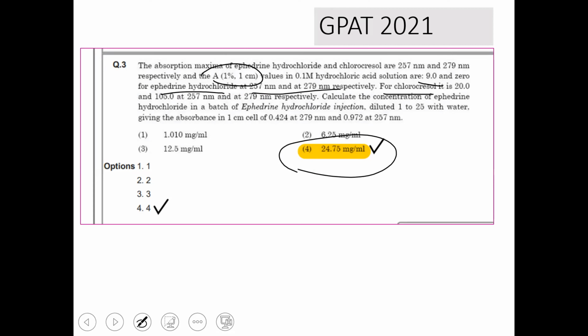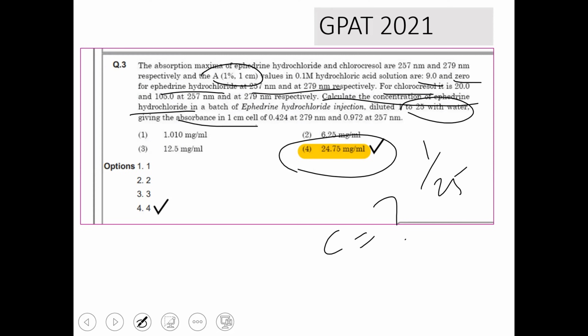So ephedrine 9 at 257 and 0 at 279, right? But the question is, you are asked to calculate the concentration, and finally report the concentration of ephedrine hydrochloride injection. Dilution is also given, it is 25 times diluted with water, and absorbance is given as 0.424 and 0.972 at 2 different wavelengths.